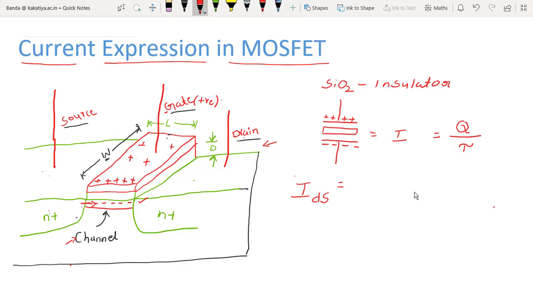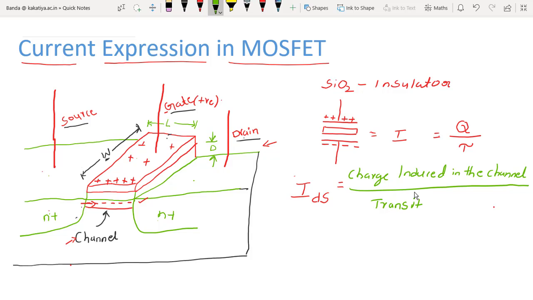So we will write the IDS expression as IDS equal to the charge induced in the channel divided by the transit time, which is denoted as tau.